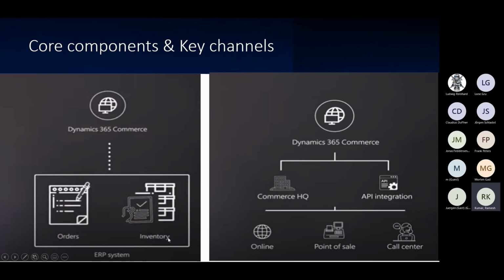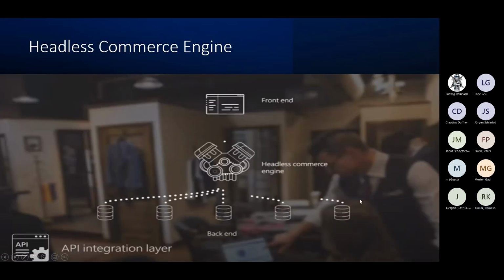The other one is the headless commerce engine, which is the nucleus of commerce, an API integration layer that connects from front end to back end, and it processes all the operations as well.